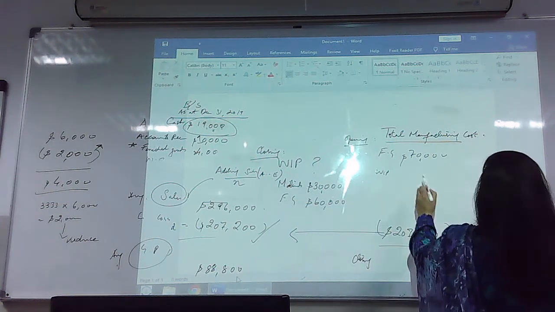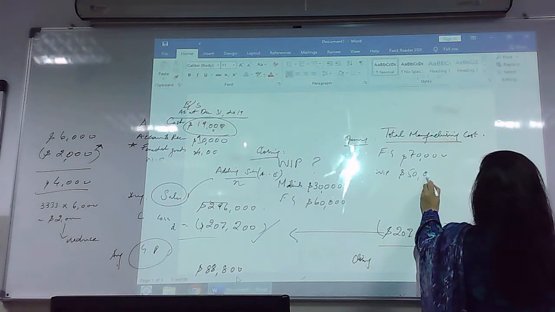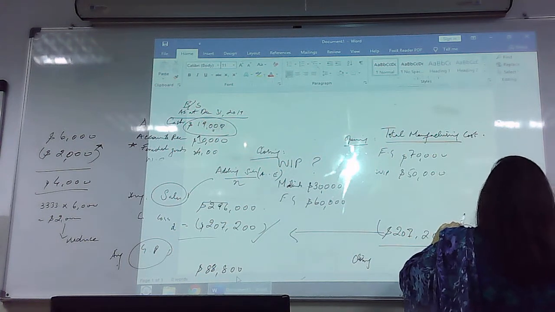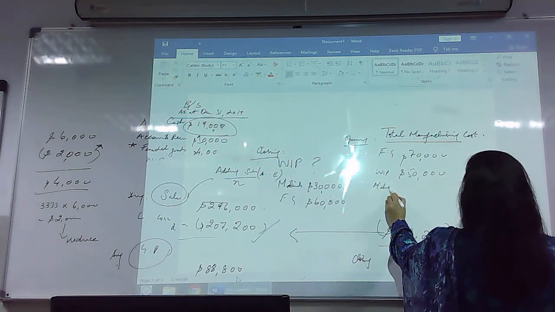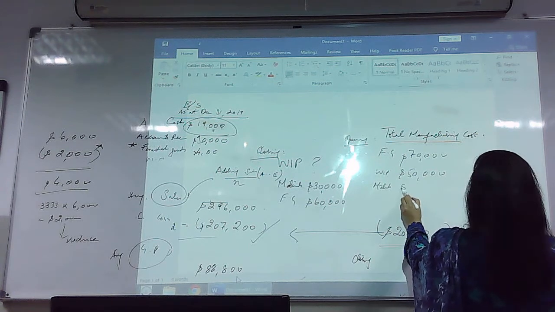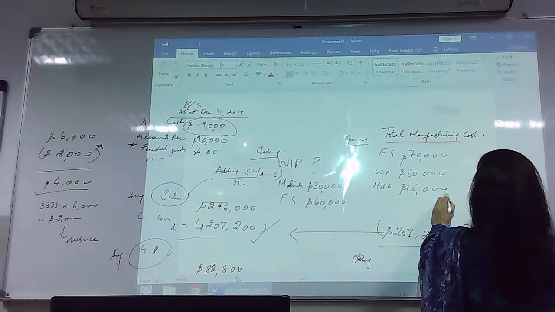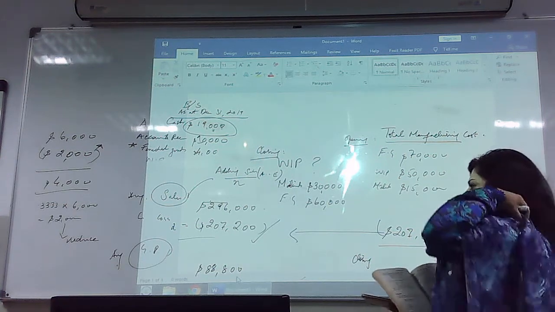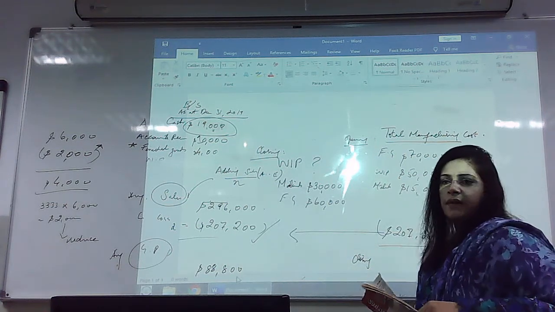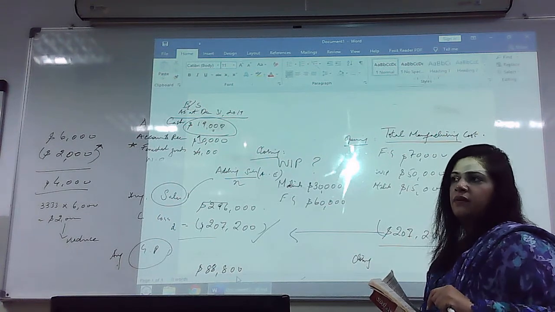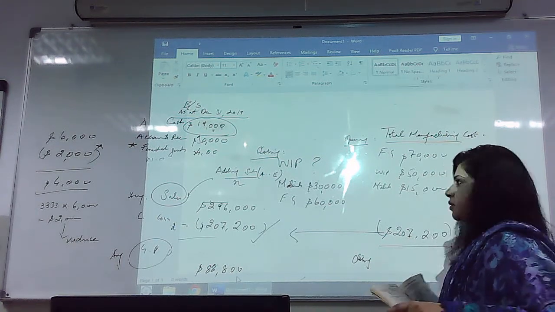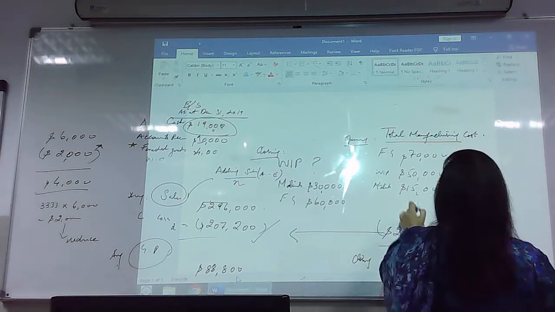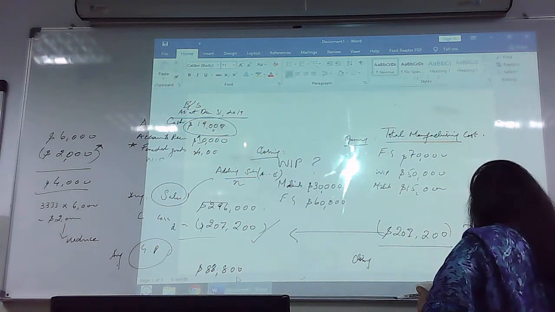Work in process is $50,000. Then we have materials as $15,000. And I'm not going to be including supplies because supplies are assets and they're not costs really. And then when they're used up, they convert into expenses. Supplies are excluded, and just add them up.